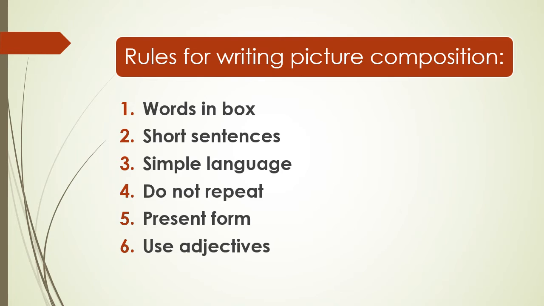Always write in simple language. Do not repeat lines again and again. It makes the paragraph very boring. Use present form of the verb. Use adjectives to make the paragraph very interesting.